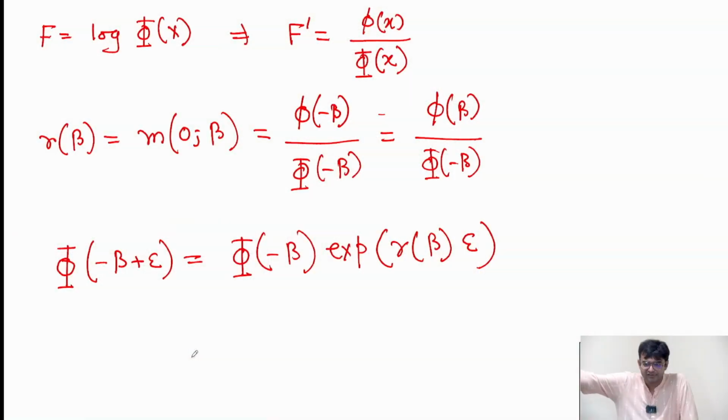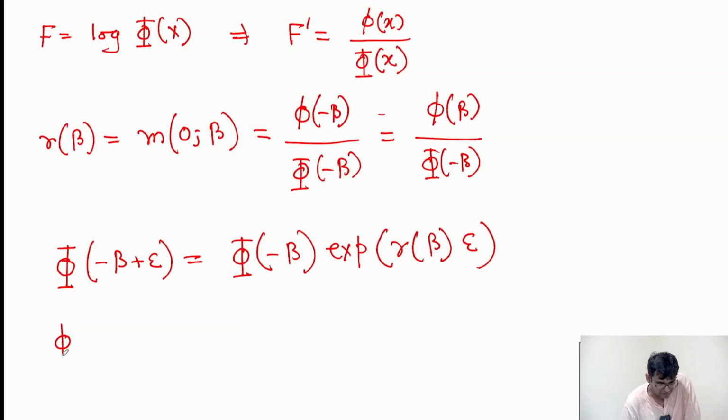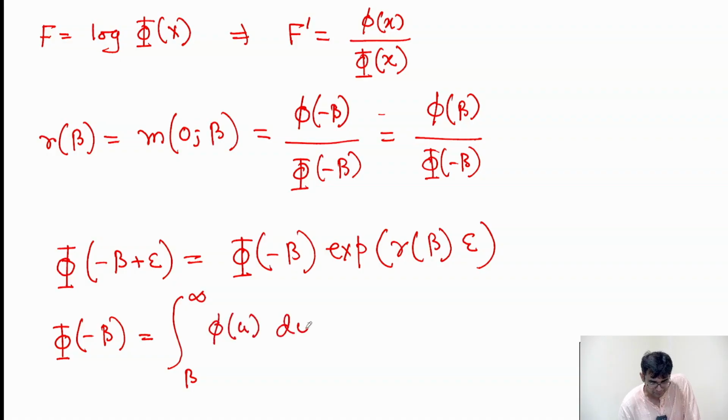We started with the definition of R beta. Look at it, it is there, the denominator of that. So we started with this, and this is equal to the integration from beta to infinity of phi of u du, right?